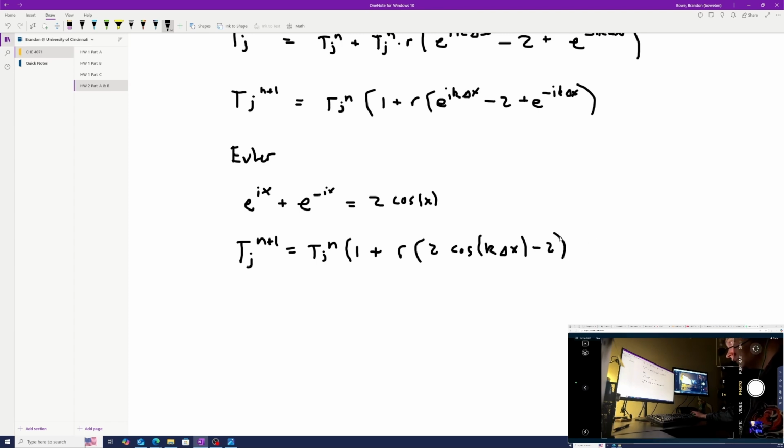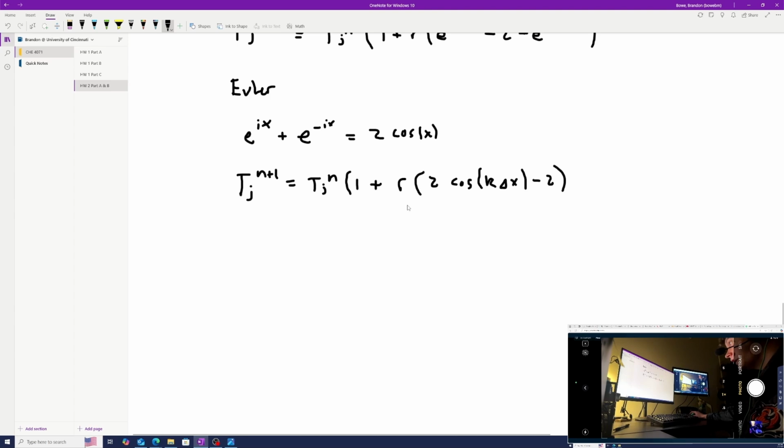So from this we can pull out the 2, giving us 1 plus 2r times (the cosine of k delta x minus 1).